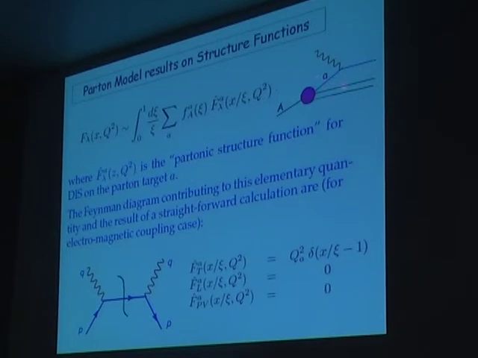If you want to ask what the prediction of this picture is, all you do is calculate this hard scattering part, which when you square this amplitude becomes this Born diagram.